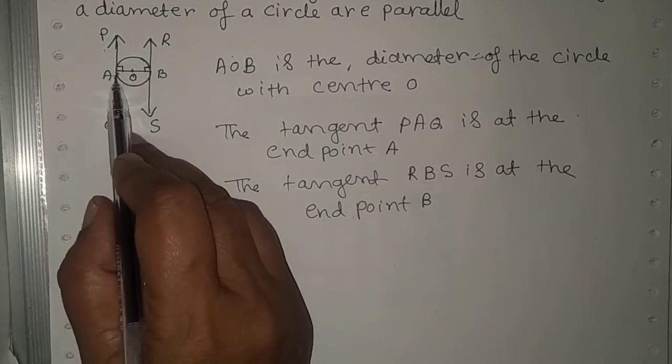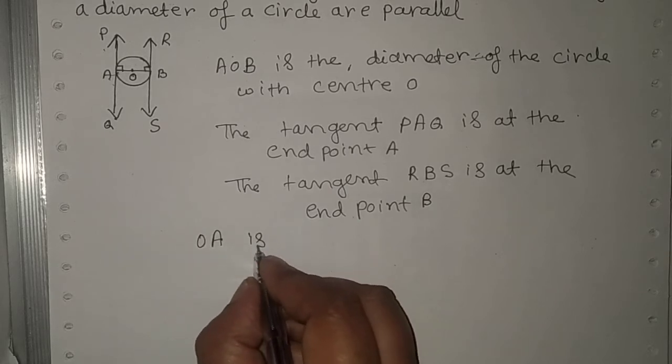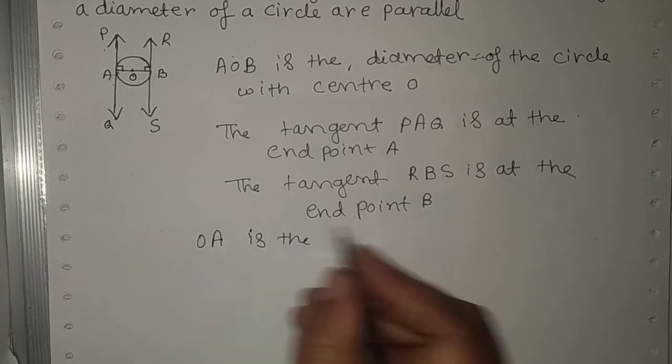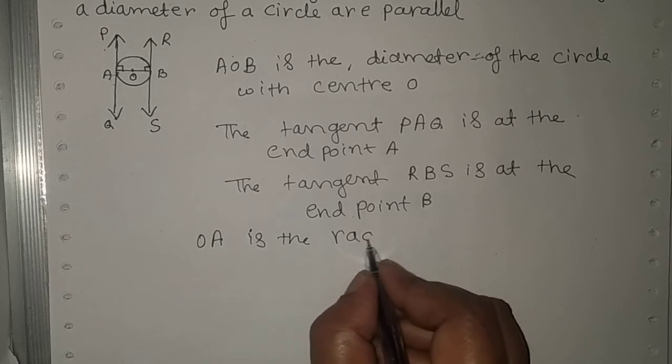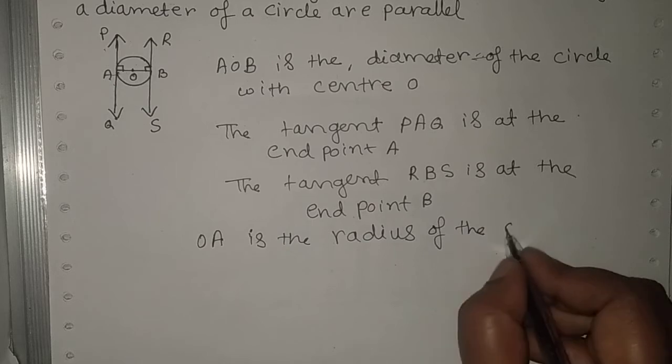Since AOB is the diameter, OA is the radius of the circle.